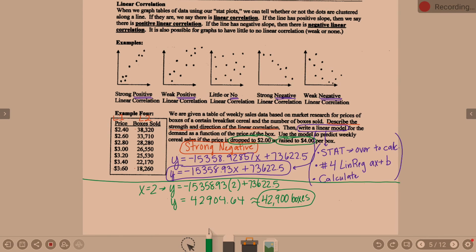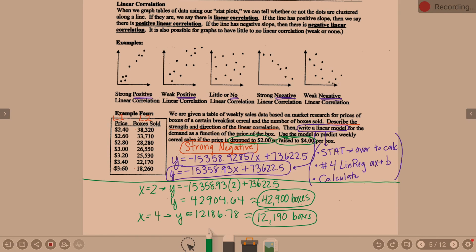Okay. I'll write down my answer here. When x is 4, you should have gotten that y is approximately 12,186.78, which, according to them, is approximately 12,190 boxes.